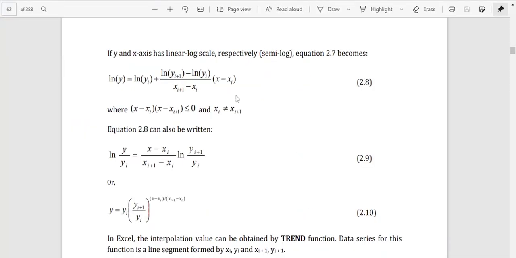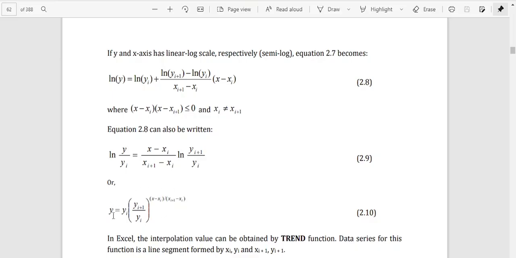It's just the same thing, but the only difference here is that ln is added to each and every one of these. So when you juxtapose the formula, you get the final formula: y is equal to yi, times brackets yi plus 1 over yi, then raised to the power x minus xi all over xi plus 1 minus xi.